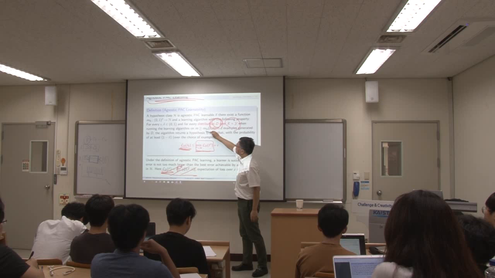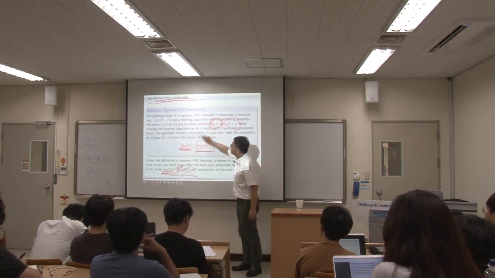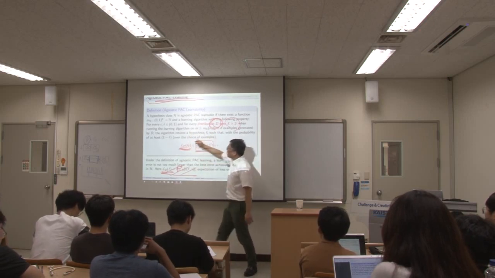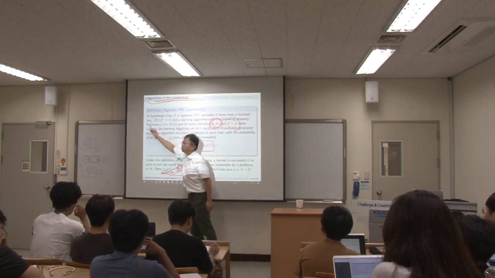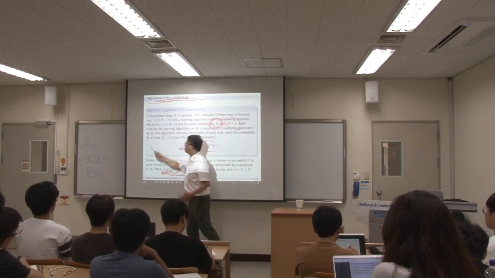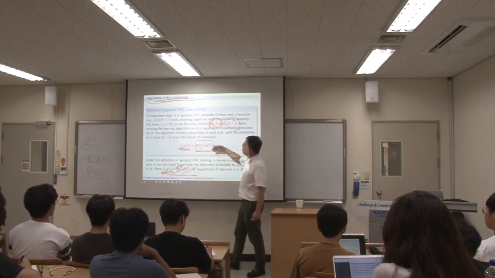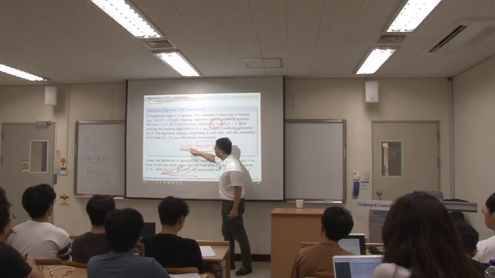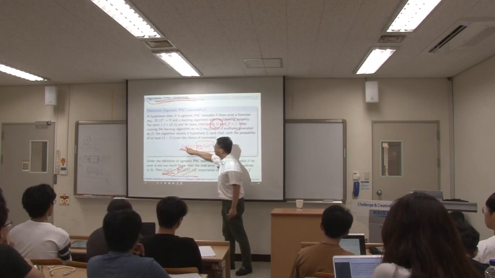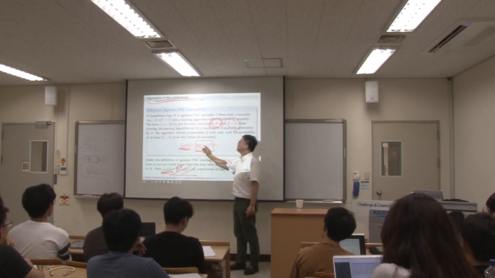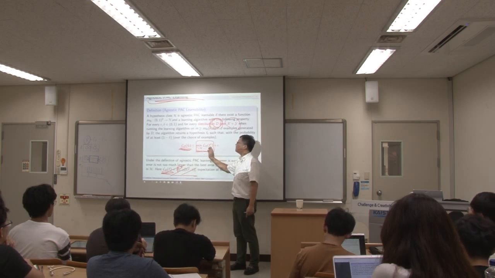So it returns a hypothesis, agnostic PAC learnable. If I have samples greater than some m_H, if my training set is greater than m_H, then the learning algorithm can return a hypothesis whose test loss is the minimum test loss achievable by the hypothesis space plus some epsilon.